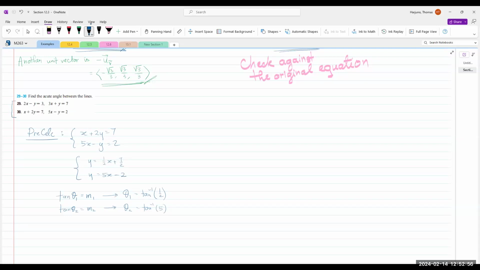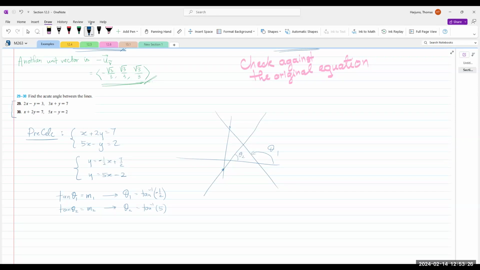Now, I'm sorry, the slope of the first line should be negative 1/2 here. So the first line looks like this, and this is the angle theta 1. The second one looks like this, and this is the angle theta 2.